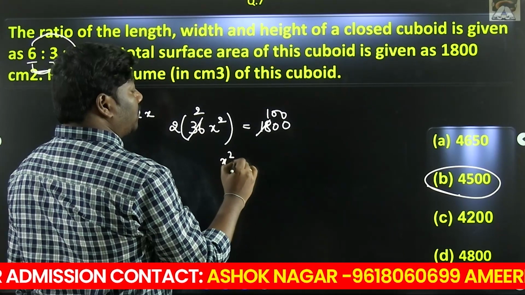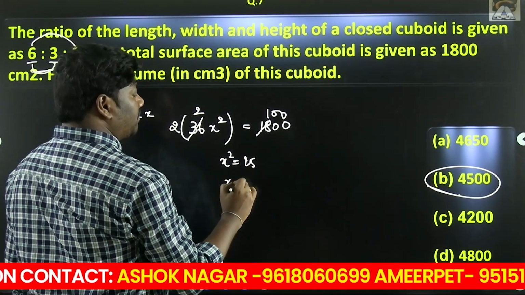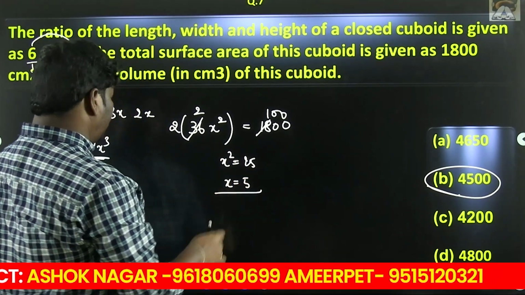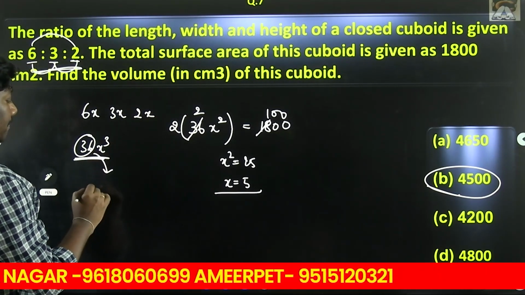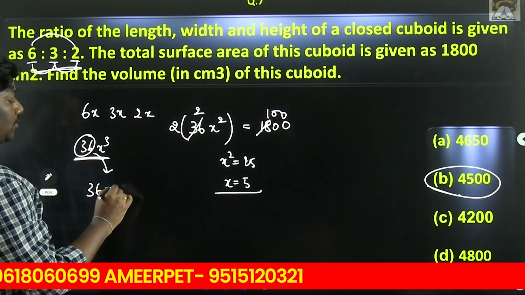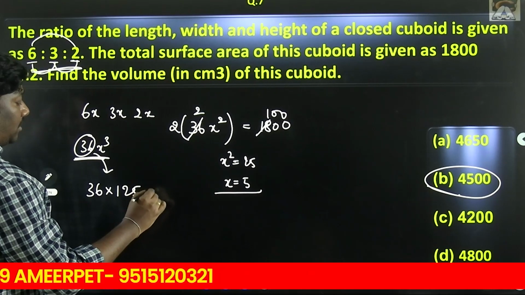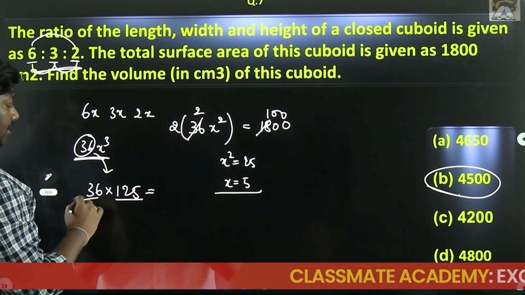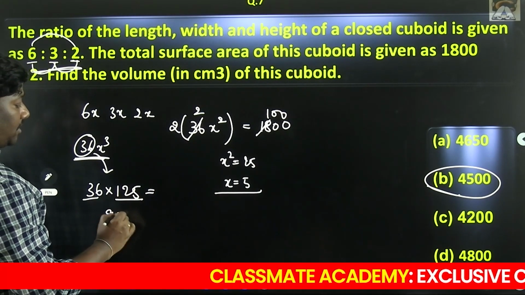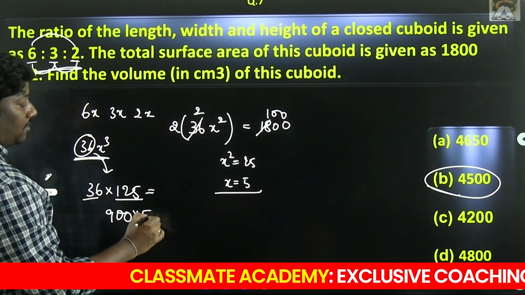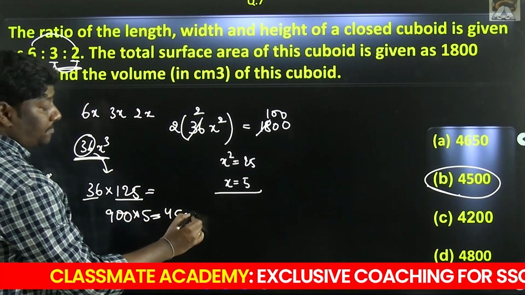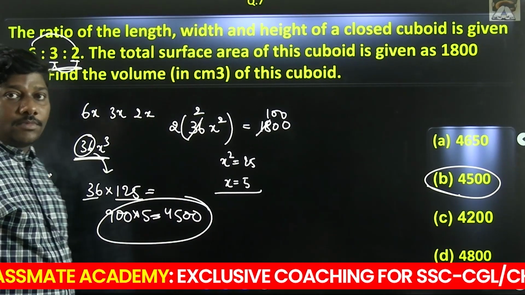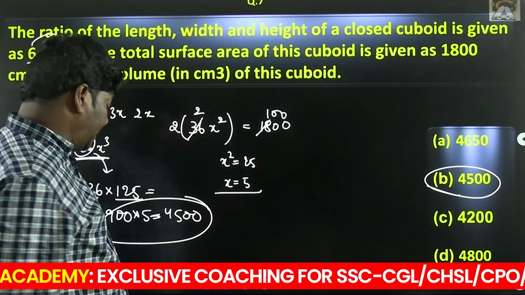X square equal to 25 means x equal to 5. If x equal to 5, you substitute here 36 into 125. 36 into 25 is 900. 900 into 5 is 4500. 36 into 25 into 5, you can do it.